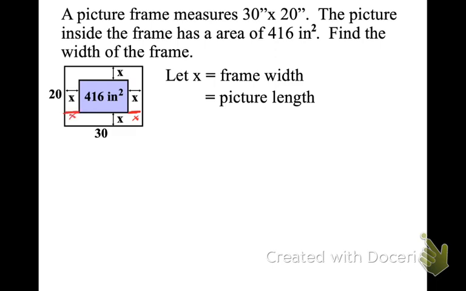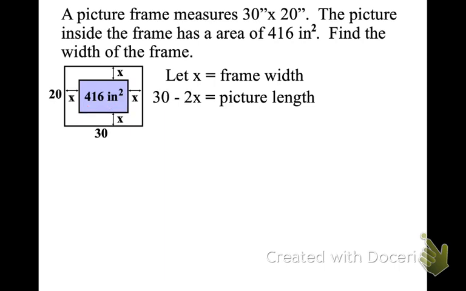And if the whole thing is 30, and then these two parts are x, then we can call that the whole, which is 30, minus these two x's. Okay? So what we're talking about is this line here. The length of the picture is the whole of 30 minus the two x's.